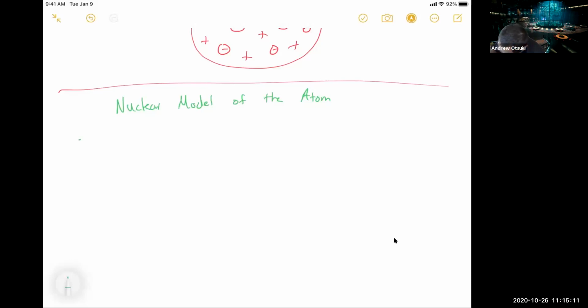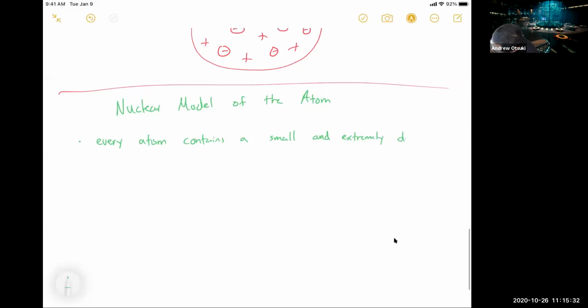So what does it state? Every atom contains a small and extremely dense nucleus, because if it wasn't dense, the particles would probably fire straight through it.